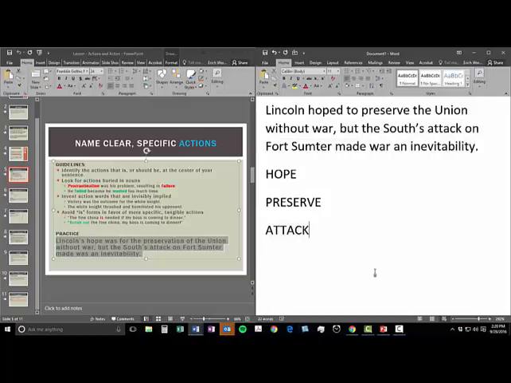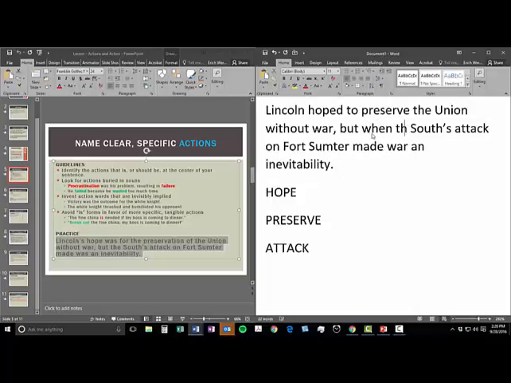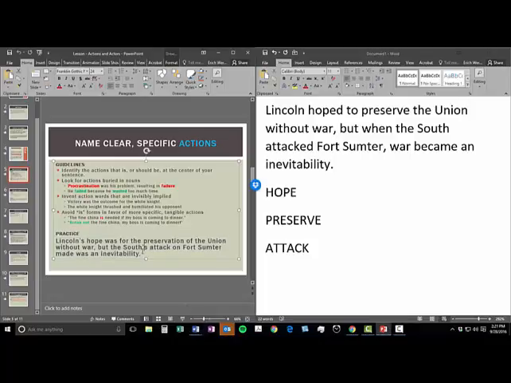Again, it's not have to in a technical right and wrong sense, but it seems like the logical way to go. So why not say, when the South attacked Fort Sumter, and add another verb, war became. Right?